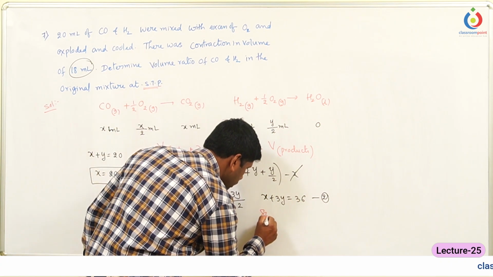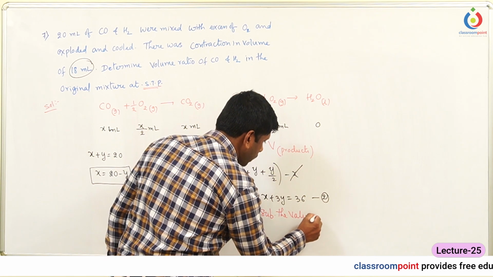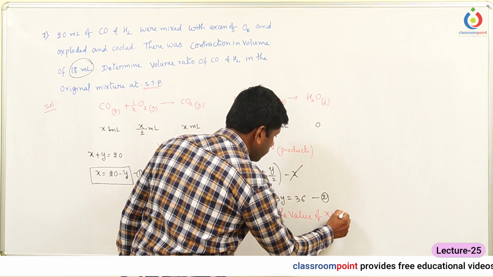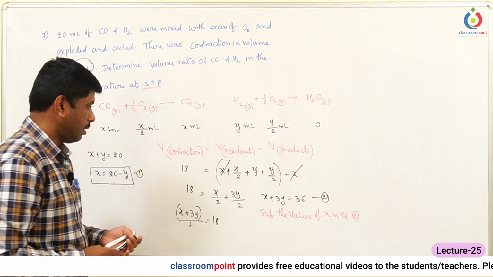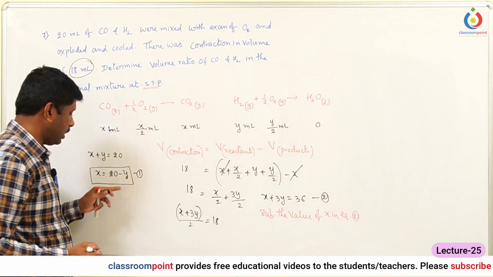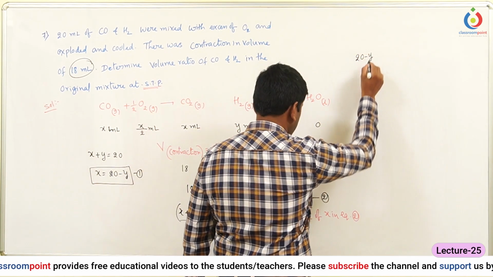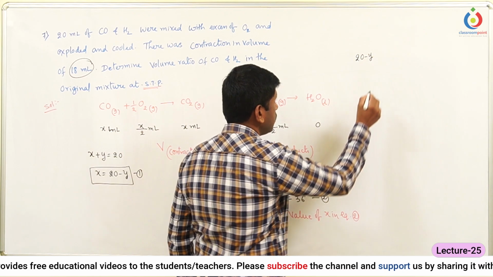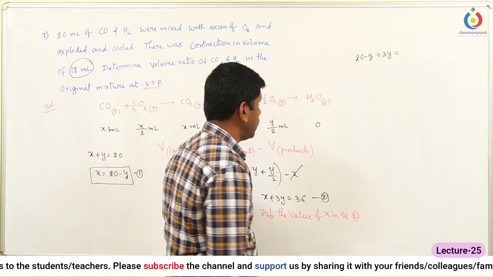Now substitute the value of X from equation 1 in equation 2. So we'll write that. Substitute the value of X in equation 2. What is the X value given? 20 minus Y. So this is equal to 20 minus Y plus 3Y is equal to 36.